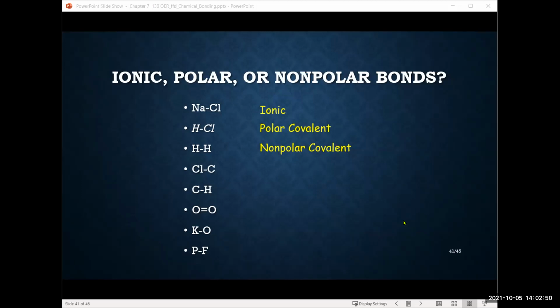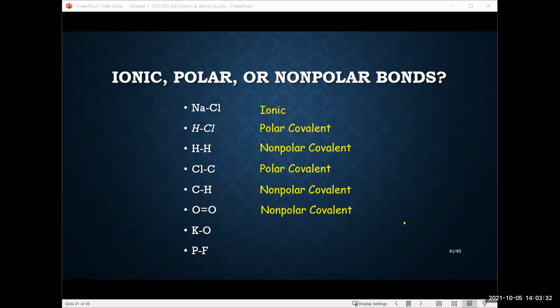Chlorine and carbon, two different elements, automatically polar bond. Okay, and as far as the polarity direction, it's going in the direction of the chloride. Okay, so we got a polar covalent bond. Carbon hydrogen, that is the one example of different bonded atoms that are non-polar covalent. Okay, oxygen and oxygen, covalent bond, they're both the same, like hydrogen, non-polar covalent bond.